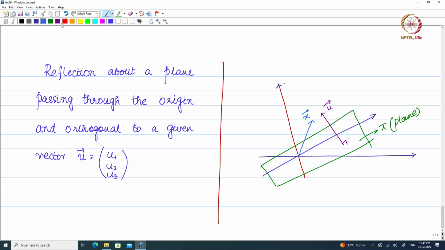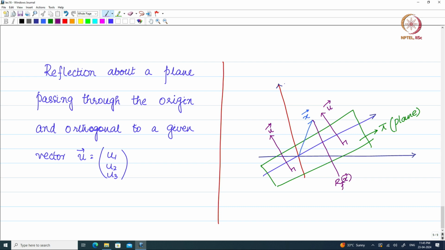Let me draw this vector u parallel to itself. So, this is also vector u. Now, what am I going to do? The reflection, as we saw in the case of a line, is going to be the midpoint of the line segment joining the vector x and the reflection of this vector x, which I will call RF of x about the plane.